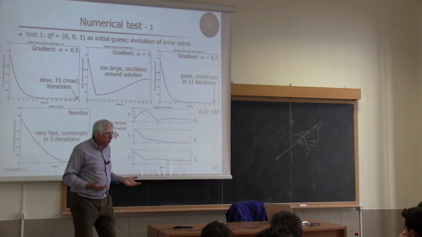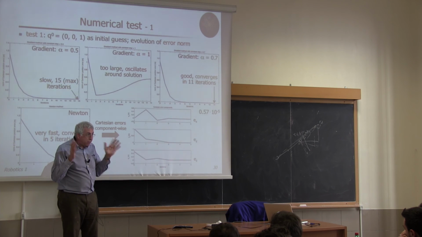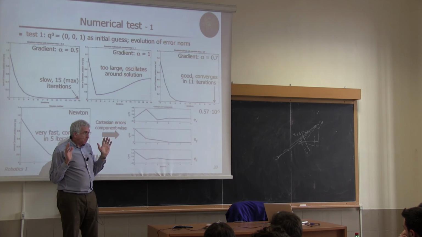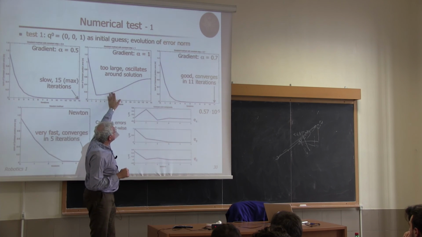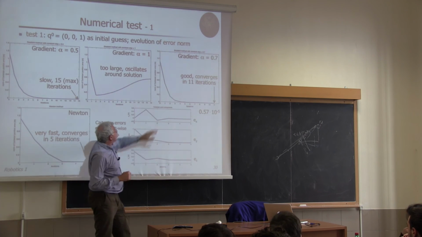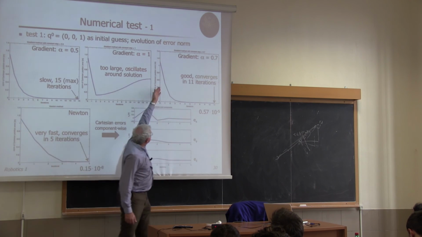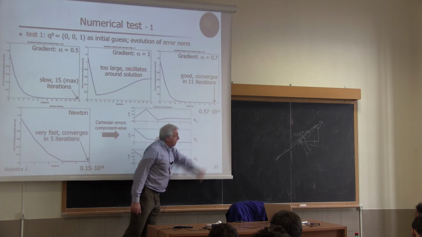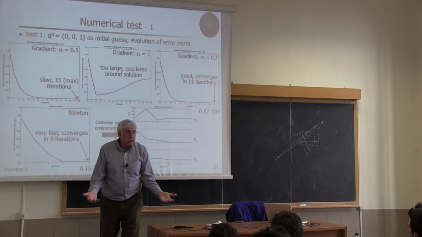So I'm not converging because alpha is too large. The gradient method converges only if alpha is sufficiently small. Okay? So alpha equal to 1 is no good. Alpha 0.5 is too slow. Then I tried alpha 0.7, something in between. And in fact, I converge. Now I stop in 11 iterations because I'm below the threshold for accuracy.